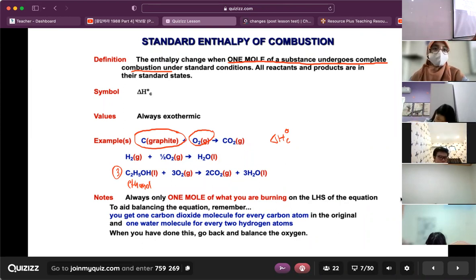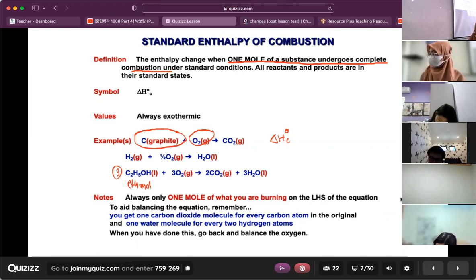Complete combustion means it produces carbon dioxide and water only. There is no carbon monoxide and there is no unburned ethanol. So that must be complete combustion.